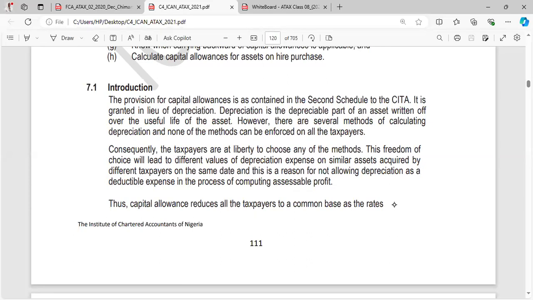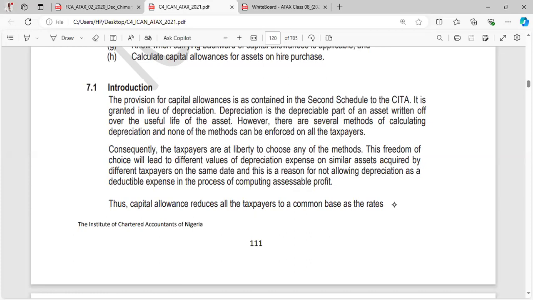Both of them bought it at the same amount and they have the same useful life. You find out that one of them will be charging a higher depreciation every year, and the other one a smaller depreciation.